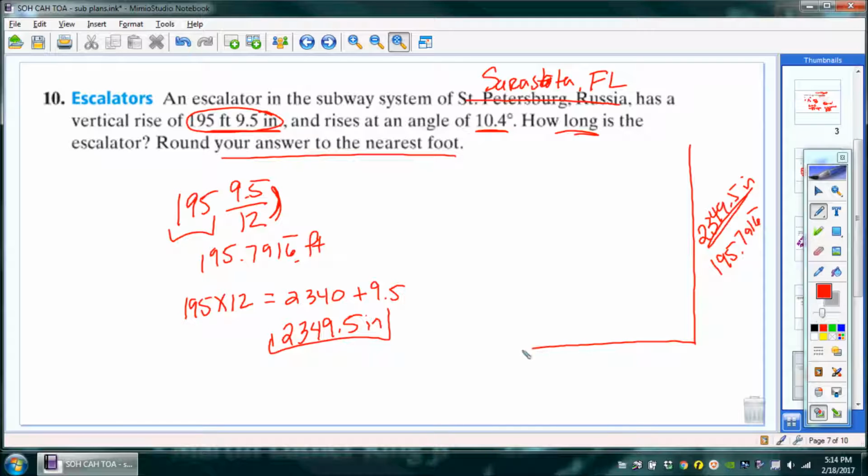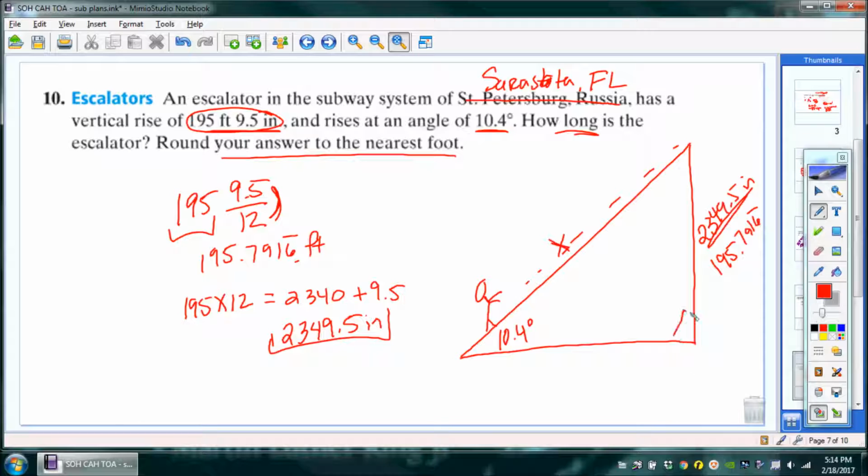So an escalator, you're trying to get from the bottom to the top. The angle, 10.4 degrees. It rises 10.4 degrees. How long is the escalator? So it's asking how long are these steps that you're traveling on. So this is you going up here.